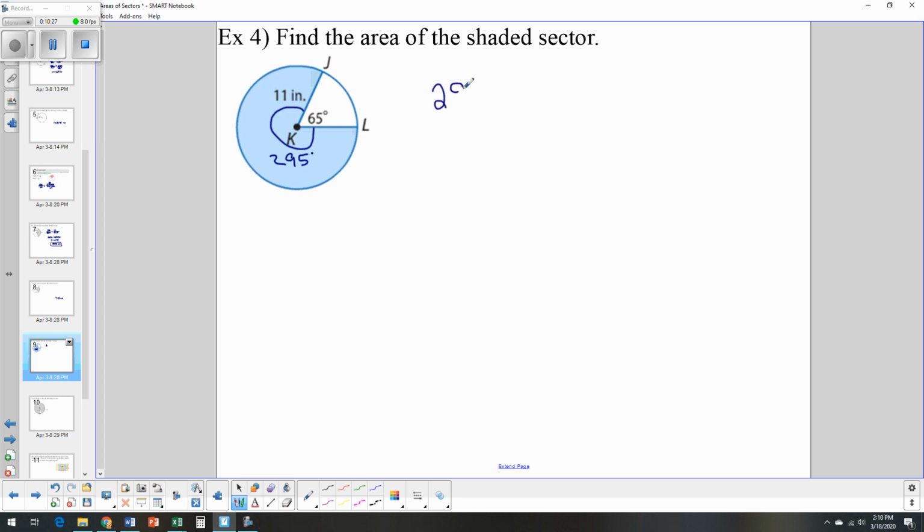Degrees over 360 equals the area of the sector, which is what we're looking for, over, and they give us r equals 11. So we're going to get pi times 11 squared. All right, cross multiply this. We get 360x equals, and it's going to be a big one, 35,695 pi.